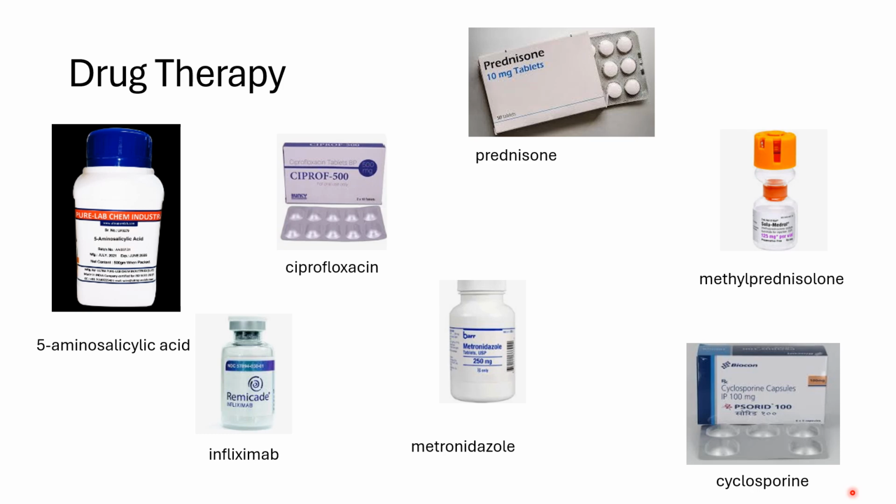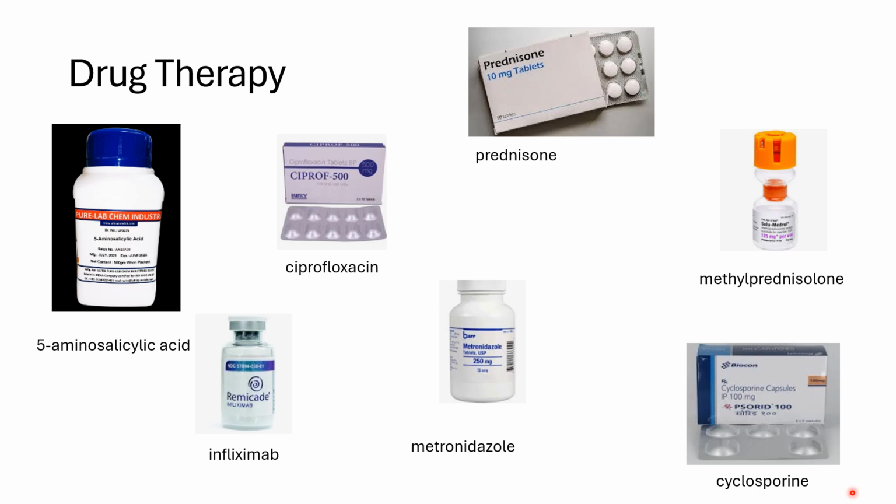Infliximab is the medication that is in this group. Sometimes the patient responds to infliximab, and that would be great. But if the patient doesn't respond to anti-TNF agent medications, then we will move on to another medication.